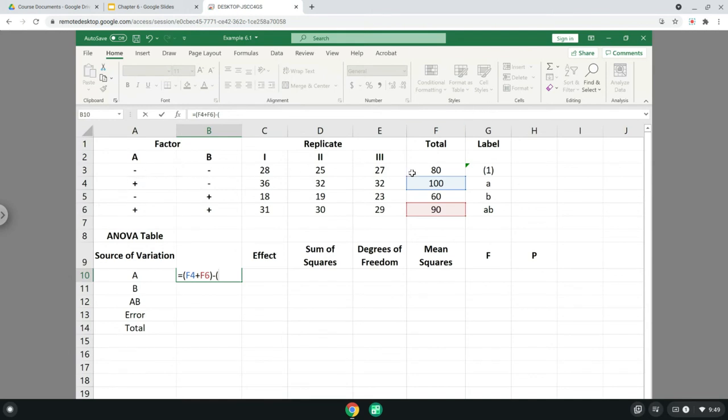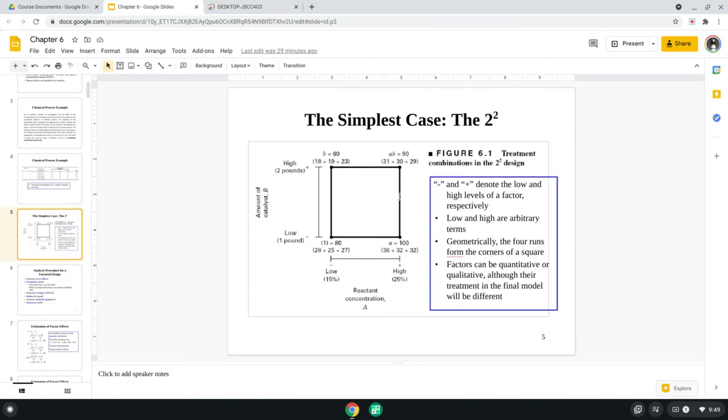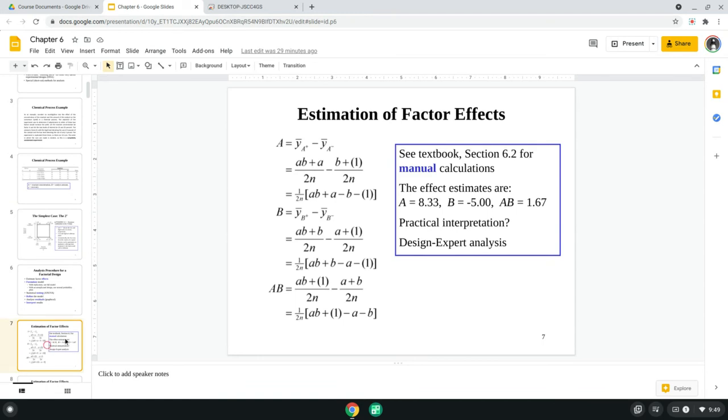So this is low a, I'm going to select that, plus low a is this, so high a minus low a, that's the contrast. And the total of all these six observations minus total of these six observations.